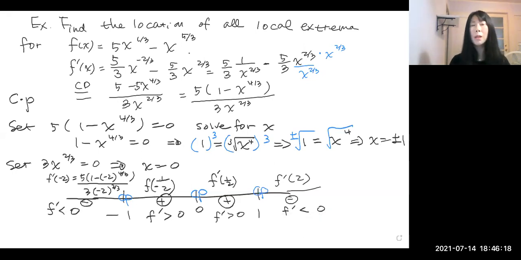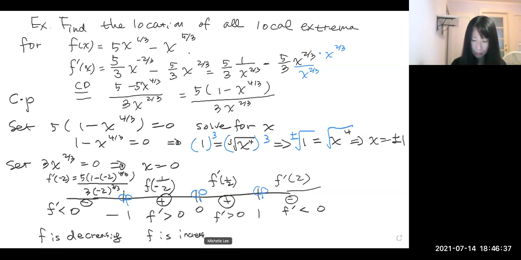F prime less than 0 means f is decreasing, right? F prime greater than 0 means f is increasing. So f is increasing here, and f is decreasing here.